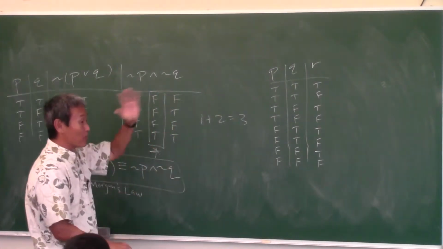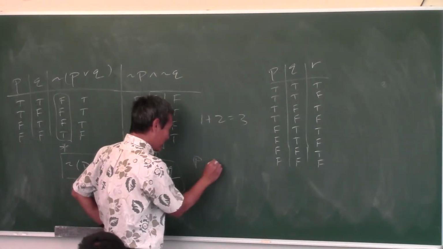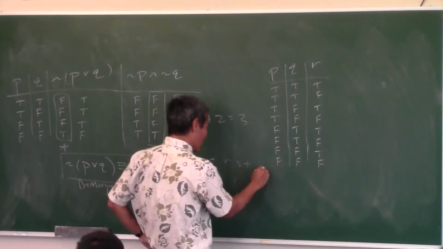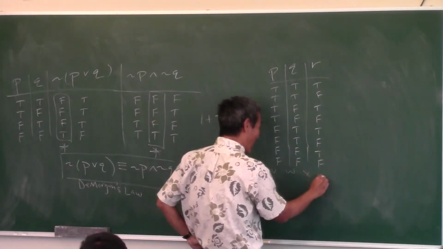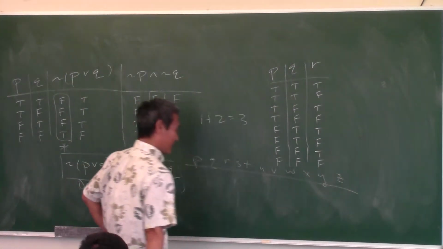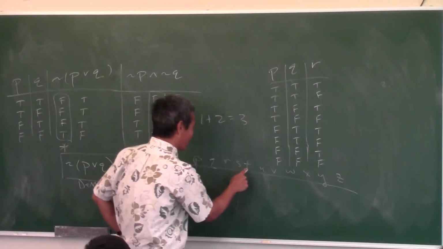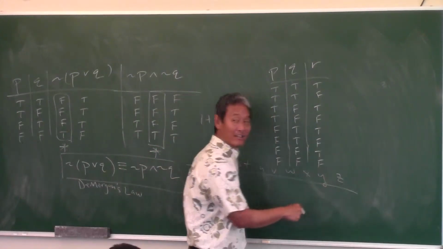Okay, now let me just give you a preview for the test. I remember one year I gave this problem. You had P, Q, R, S, T, U, V, W, X, Y, Z. Okay, now, so how many lines would there be in the truth table if you were to make it? Okay, let's count. 1, 2, 3, 4, 5, 6, 7, 8, 9, 10, 11.